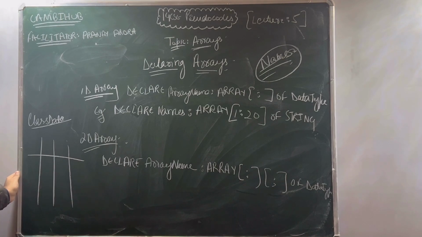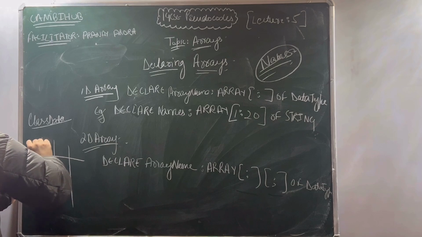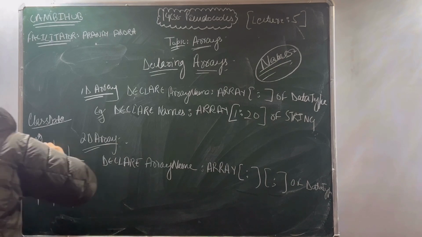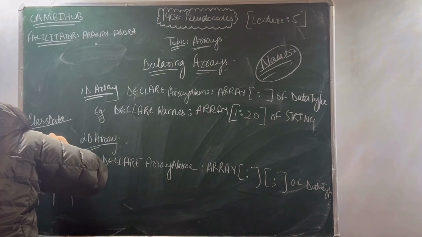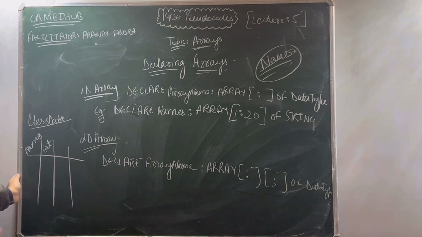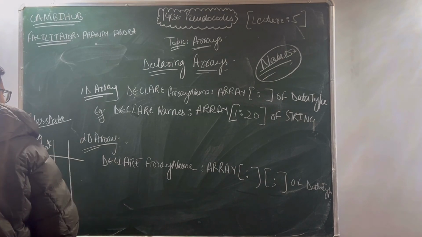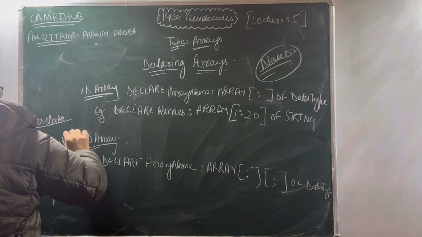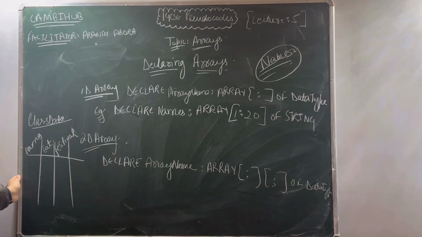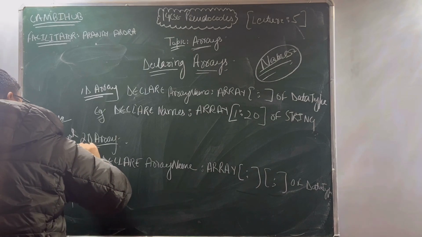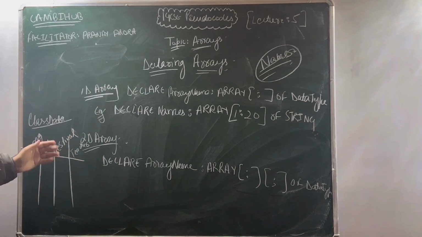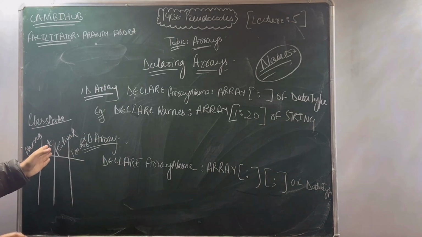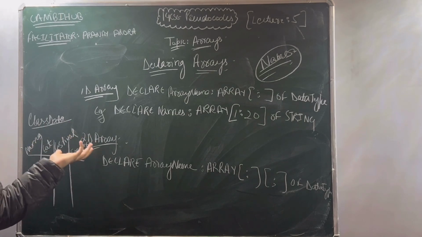Suppose the students of my class, I'll write their names, what they like to eat, what is their favorite festival, and who is their favorite teacher, right? So this is what I want to store about my class.